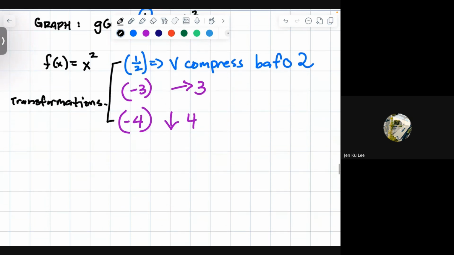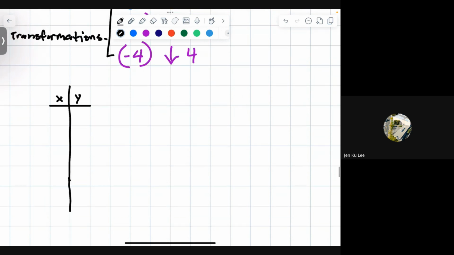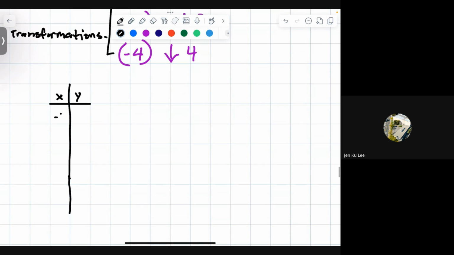I'm just going to start off with my parent points. Remember my parent points. We have my x and my y value. And we have (-2, 4), (-1, 1), (0, 0), (1, 1), and (2, 4).